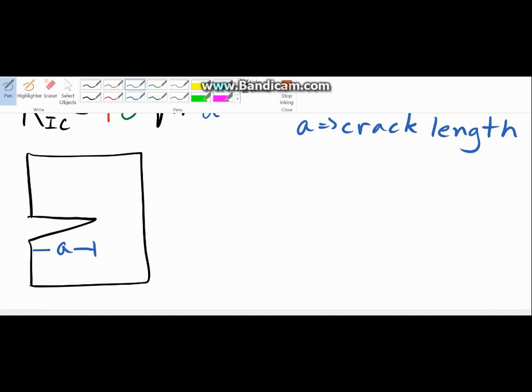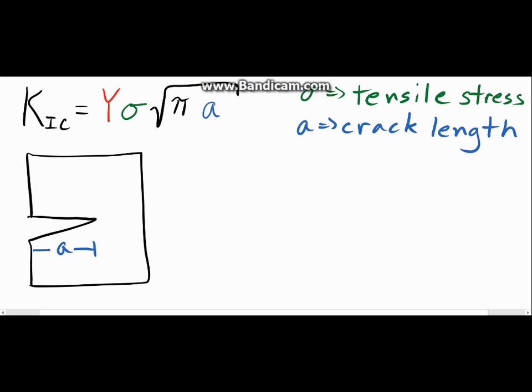Now, we also have this Y, and I told you that it was geometry dependent. And it depends on two types of geometry in the sample. So the first type of geometry that it depends on has to do with the sample.